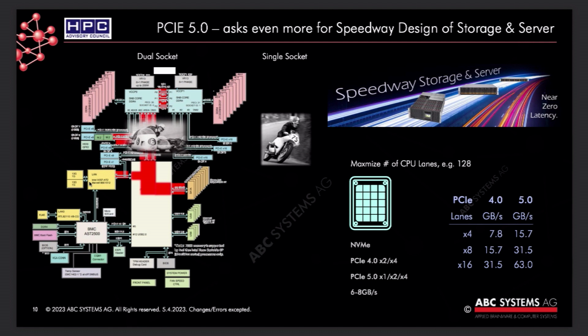And now you see here what's coming with the PCI 4 and PCI 5. So at the moment we see the PCI 5 NVMe won't go far beyond 6 to 8 gigabytes per second read and write.